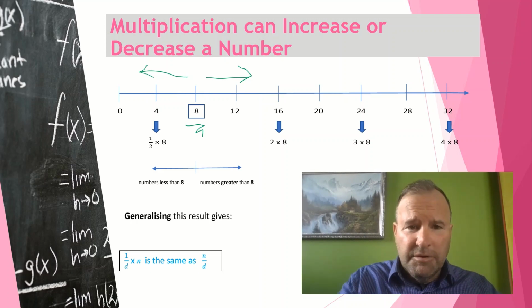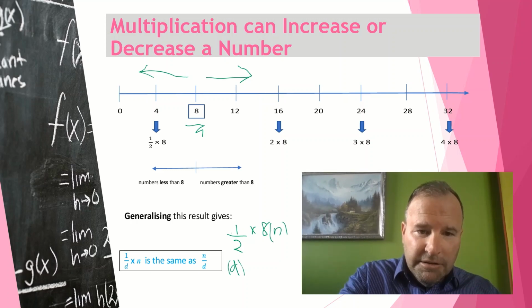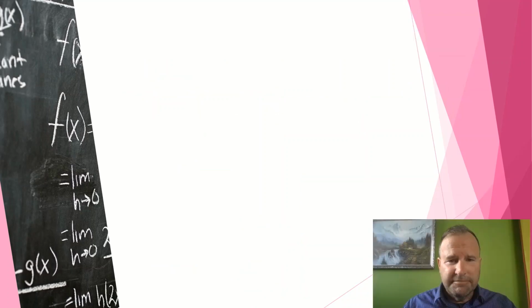That means 1/2 multiplied by 8 is the same as saying 8 divided by 2. When we multiply out the numerators, the top numbers, we multiply out the denominators, the bottom numbers. So 8 divided by 2 is 4 in this case.